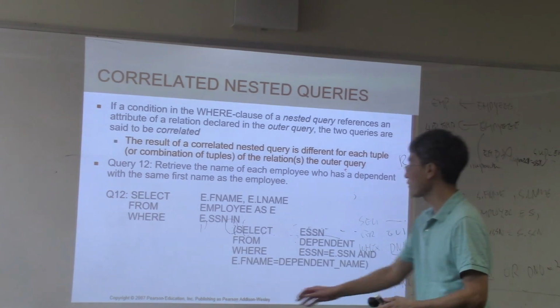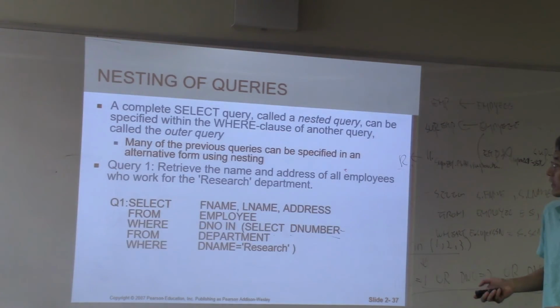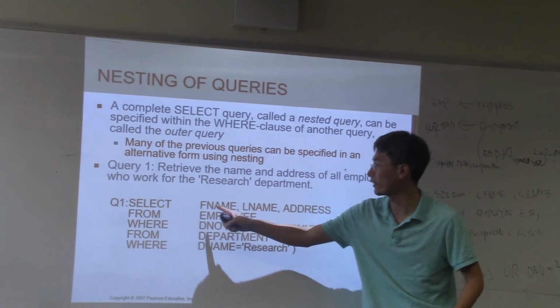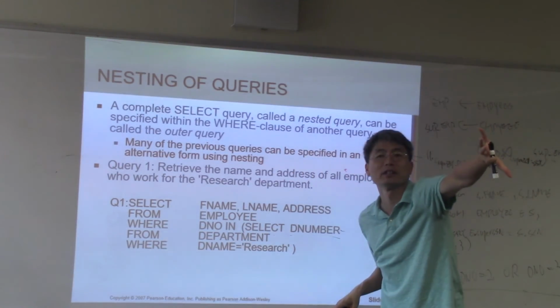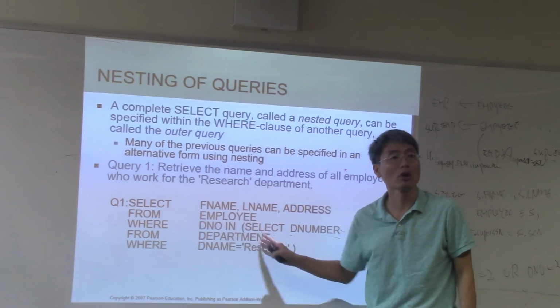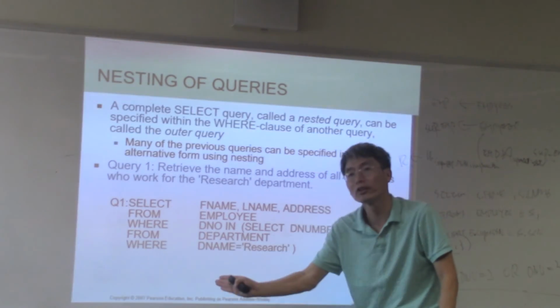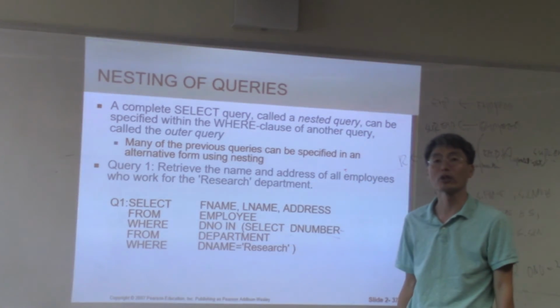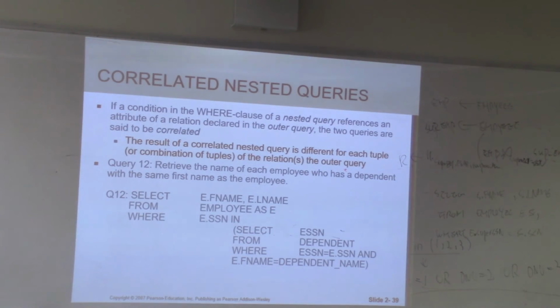There are different types of nested query. In this case, the outer query and inner query, you can clearly separate. They are not common. There is no common attribute or table information. You can clearly cut into two query blocks. However, why don't you take a look at this one?